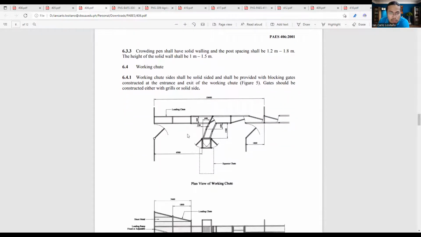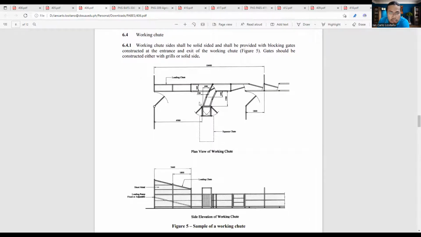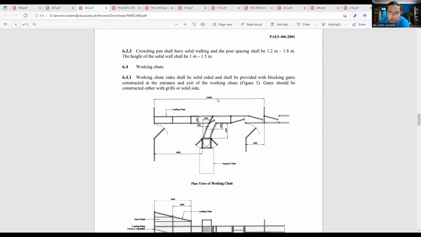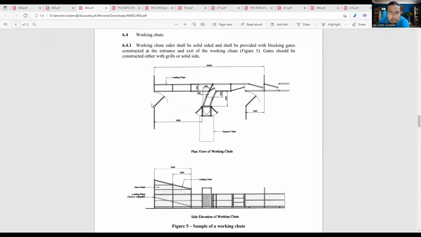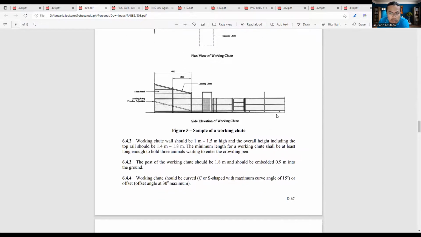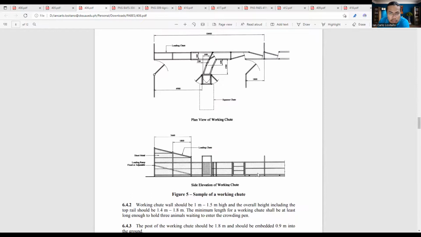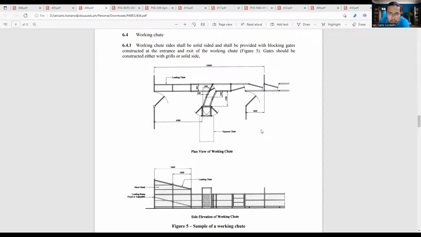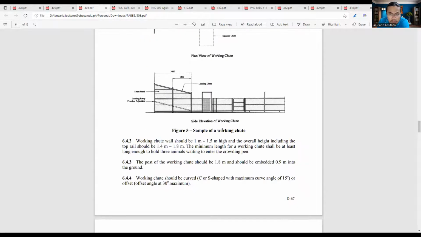So working chute, okay. Also solid sided and provided with docking gates, constructed at the entrance and exit of the working chute. Okay. Gates should be constructed either with grills or solid side. Okay. This is the design of a working chute in the different views, the top view and the side view.